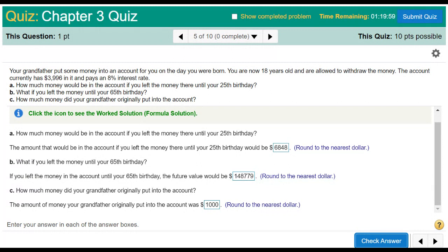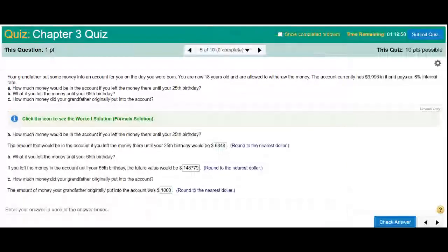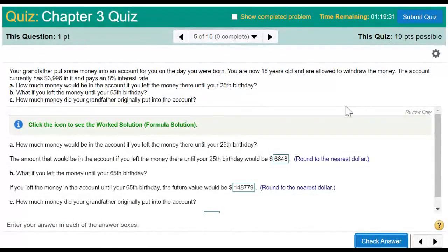I/Y equals 8%, right? Payment is 0, right? Future value is 3,996. Compute for present value, and it's $1,000.